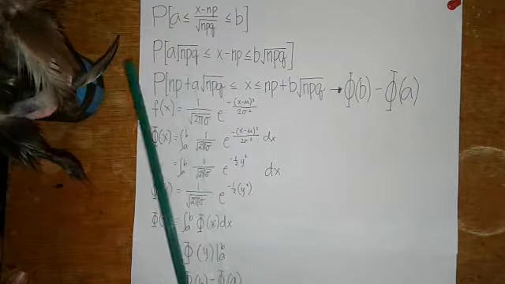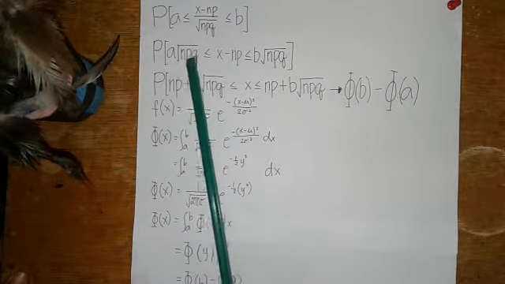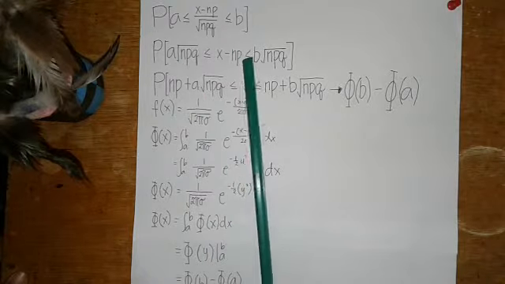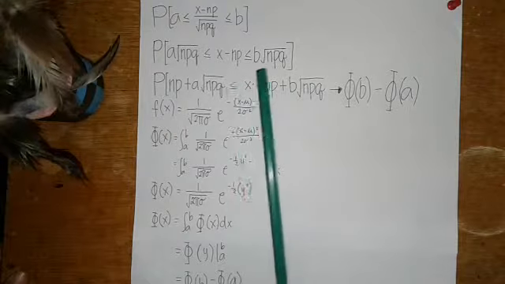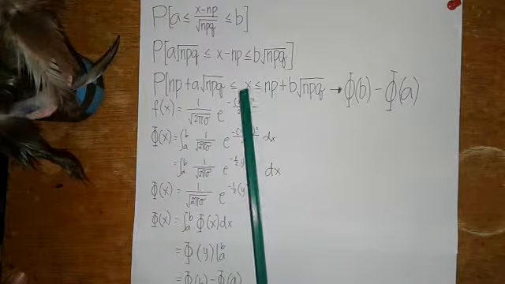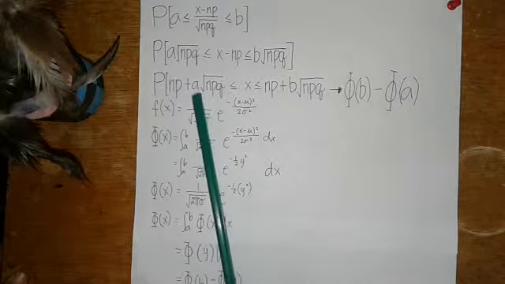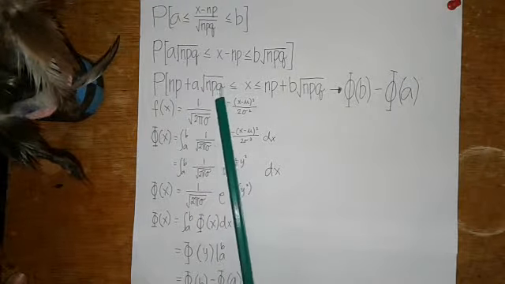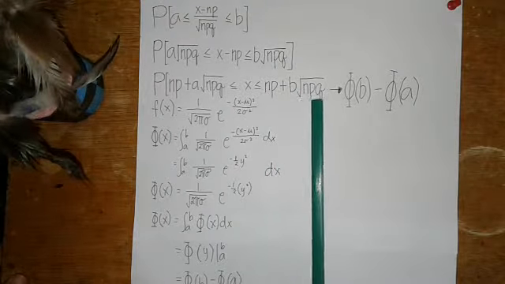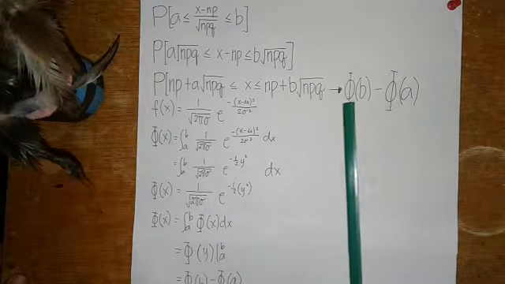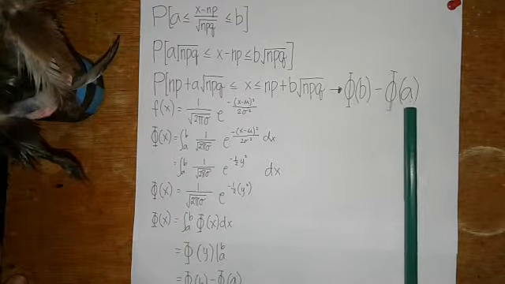So we have the probability of x greater than or equal to a square root of npq and less than or equal to b square root of npq. So we have x greater than or equal to np plus a square root of npq and less than or equal to np plus b square root of npq. So this is our phi of b minus phi of a.